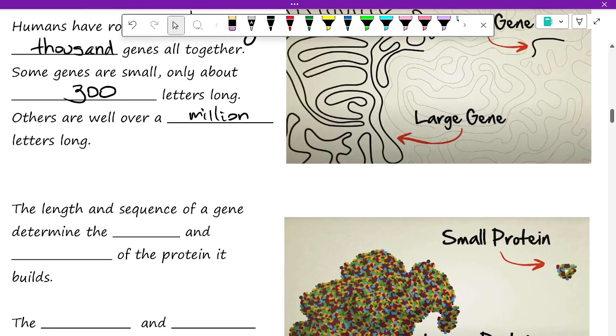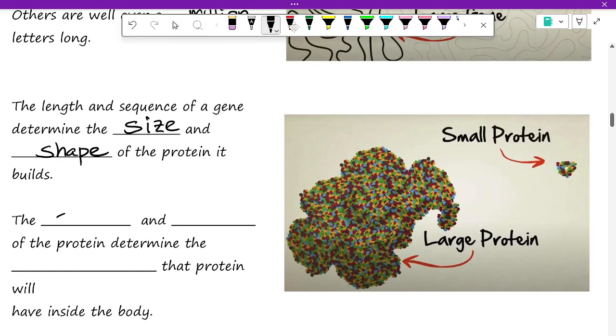The length and sequence of the gene determine the size and shape of the protein it builds. The size and the shape of the protein determine the function or job that protein will have inside the body.